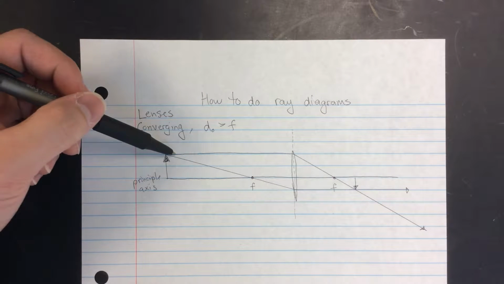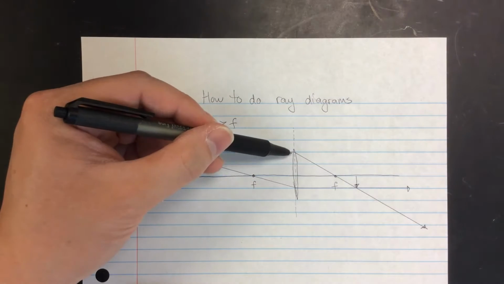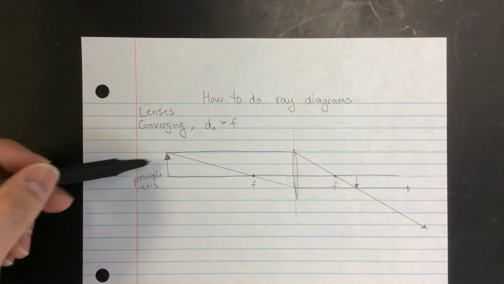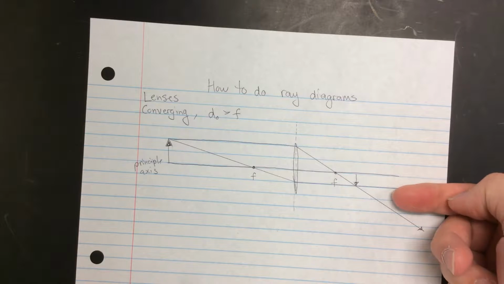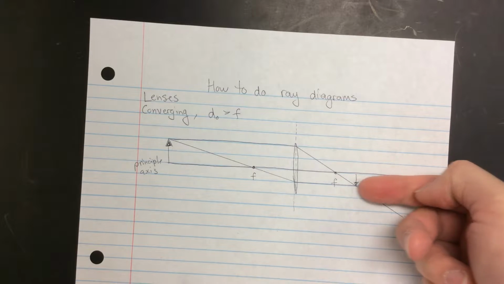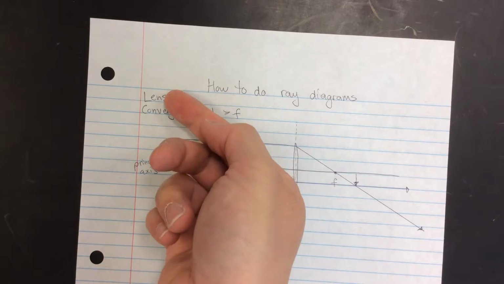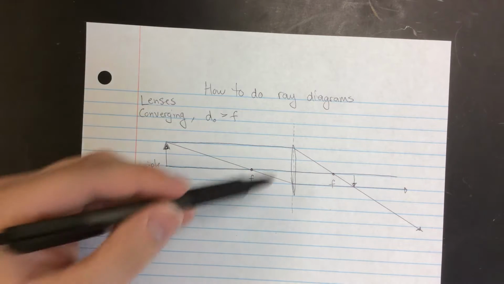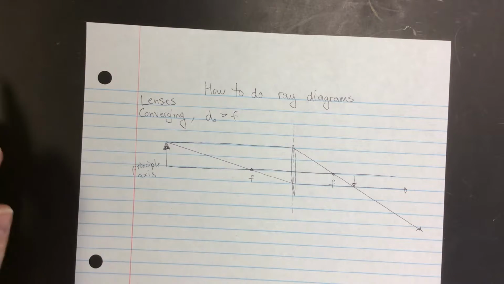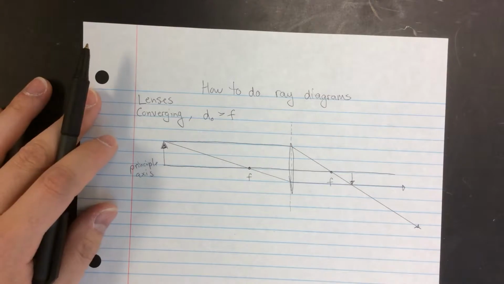Again, going back, the parallel one goes towards the focal point. The one that goes towards the focal point then becomes parallel. Because imagine if this is going in reverse, right? A parallel ray coming this way should go towards the focal point. So it should behave the same both ways, especially assuming it's a symmetric lens.